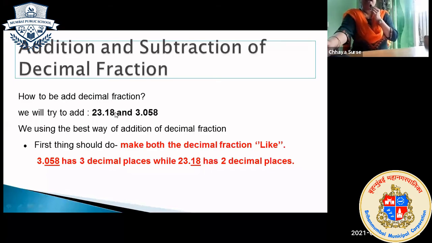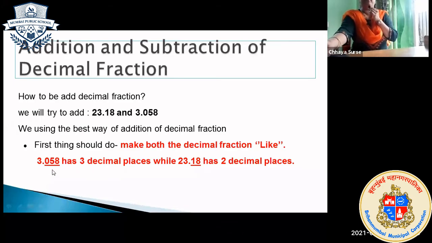So you have to add one 0. Then it will be the same decimal places. If you add 0 in 23.180, there will be 3 digits and 3 decimal places. Clear? So 3.058 has 3 decimal places: 1, 2, 3.